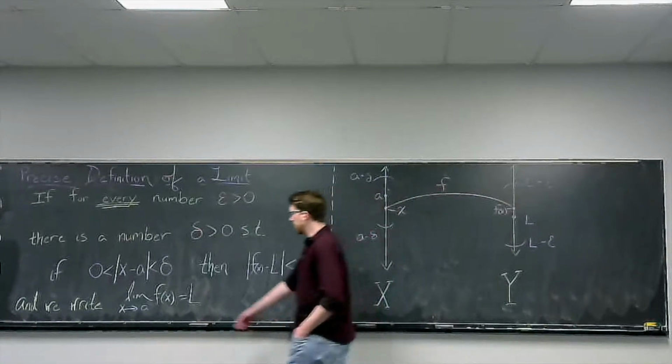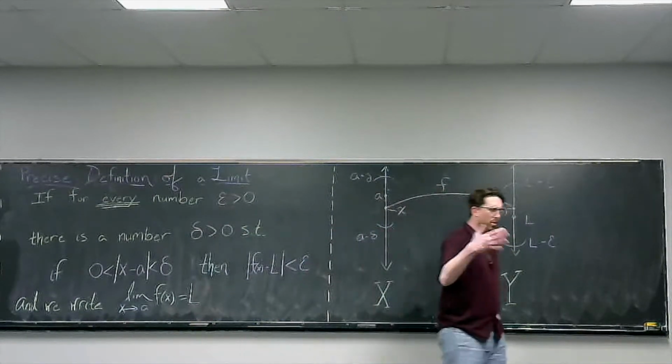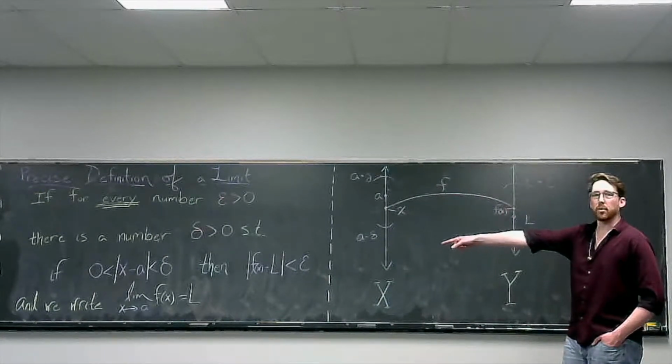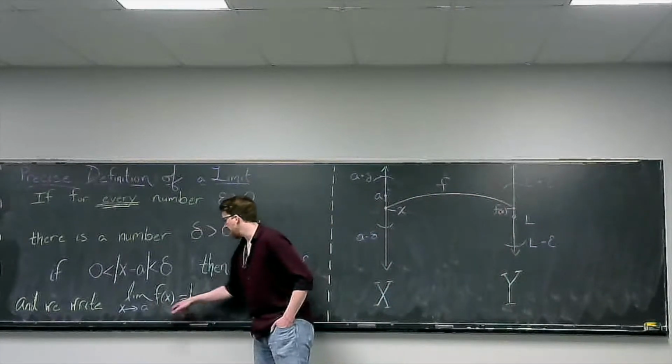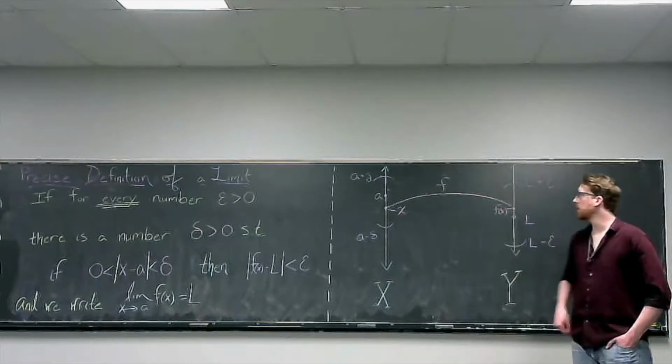And we write that the limit is as follows. So we would say that if this definition holds, then the limit as x approaches a of f of x is equal to L, and it does exist.